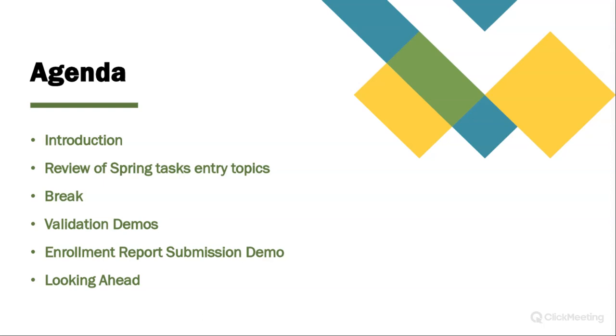And then after our break, we're going to go into our validation. That's the main point that we want to drive in today's training: running the validation and making sure that your data doesn't have any errors and adhering to warnings if possible. After we do our validation, we will go into our enrollment report submission.